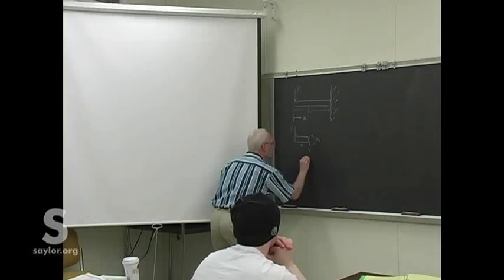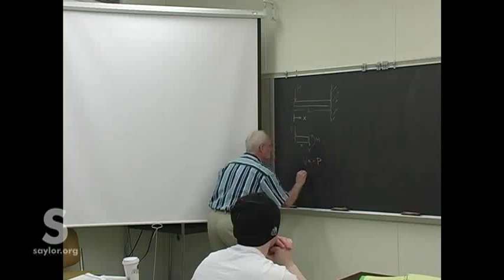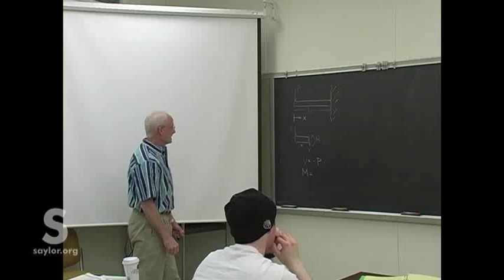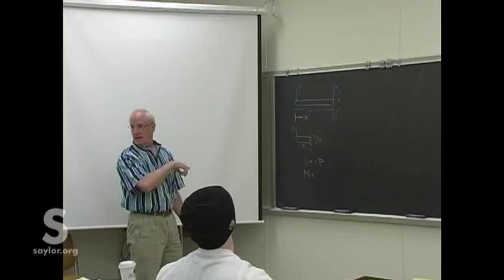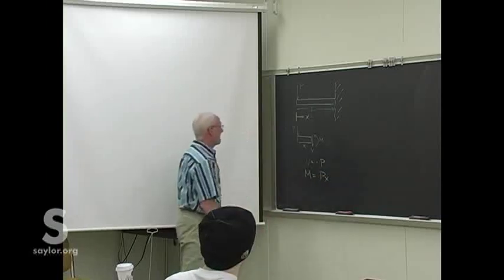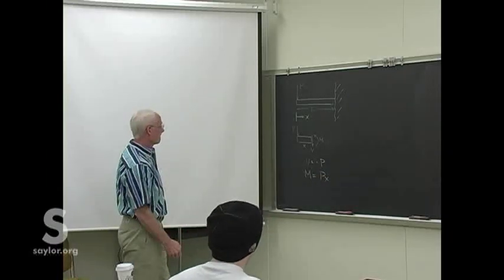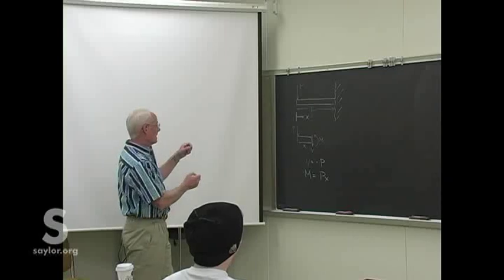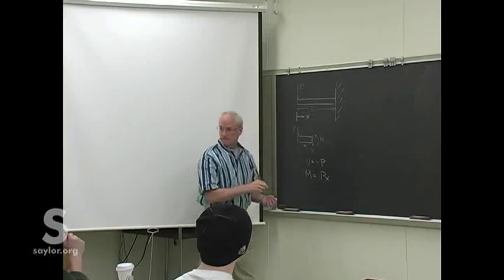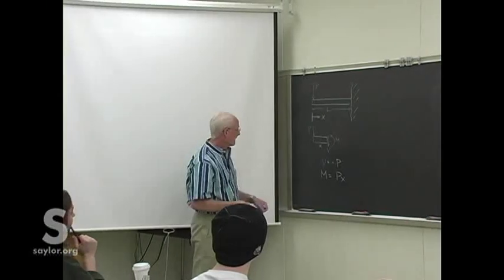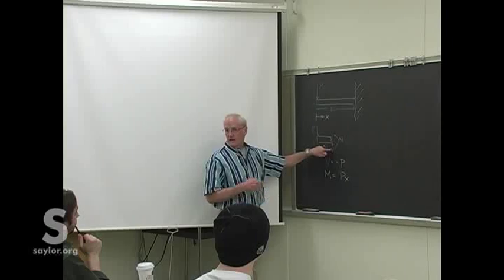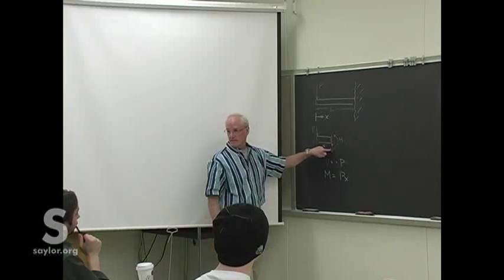We know that V equals minus P, and M must equal Px. And we'll need a minus sign in there. Why do they put them both in the same direction? This is our convention for positive V.